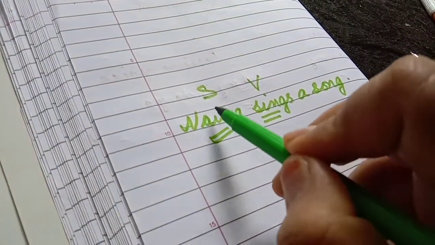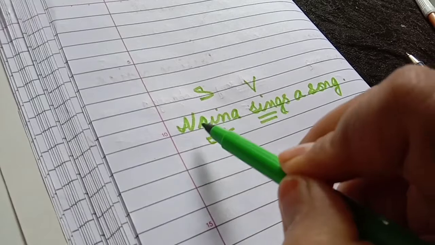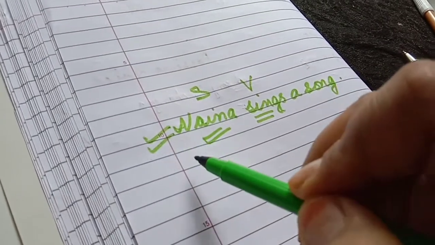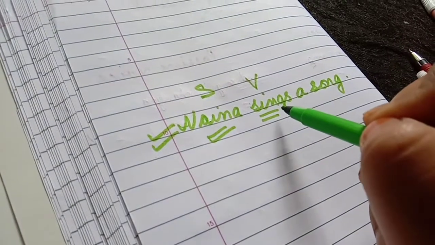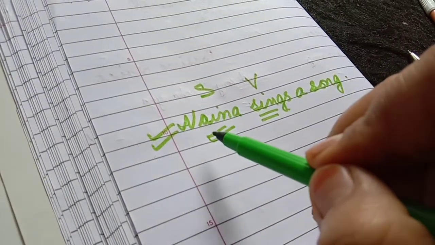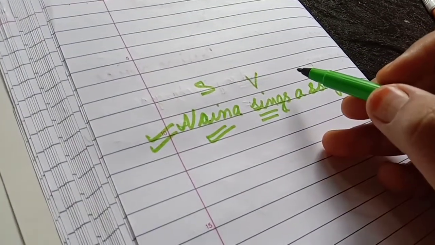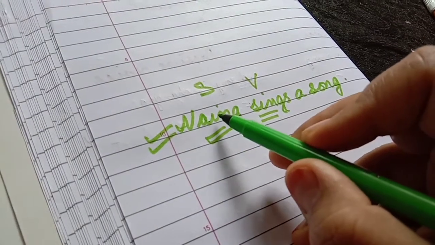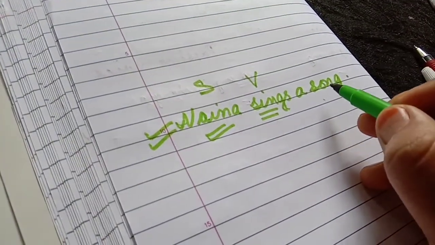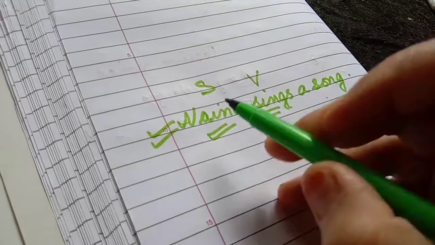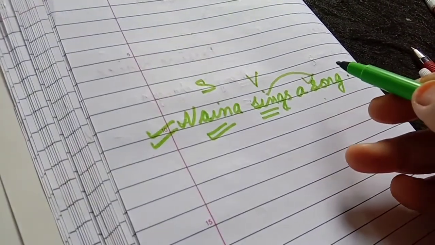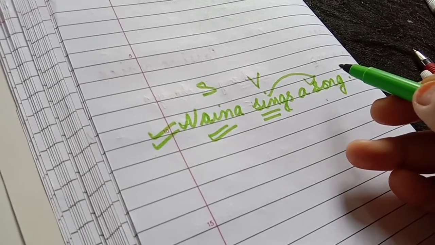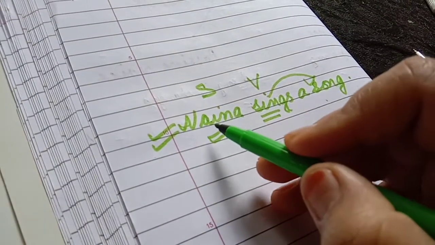The doer of the action is the subject. We are talking about Nena, right? Nena sings a song. Nena is doing the action. Who is singing? Nena is singing. So here Nena is the subject and which is the object? Nena sings what? She sings a song. Who sings? Nena sings.